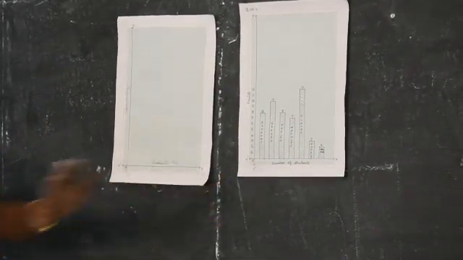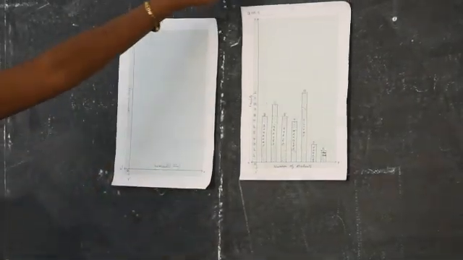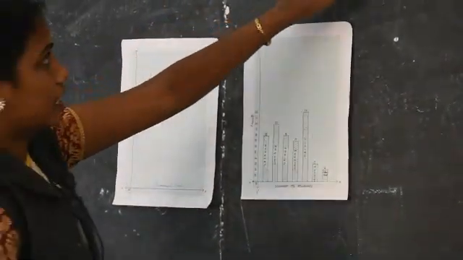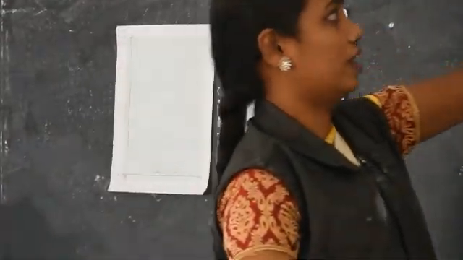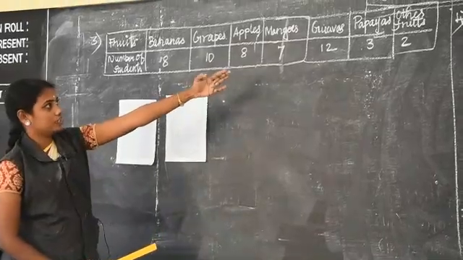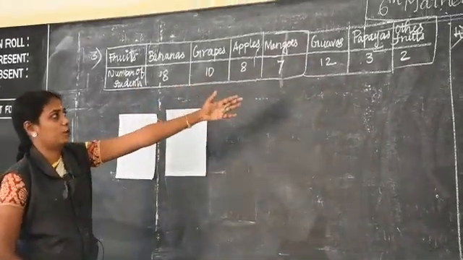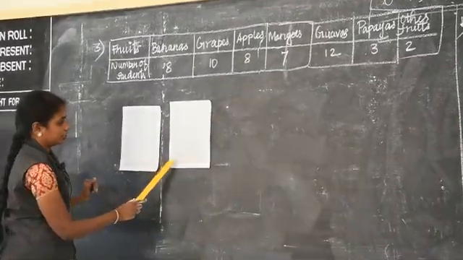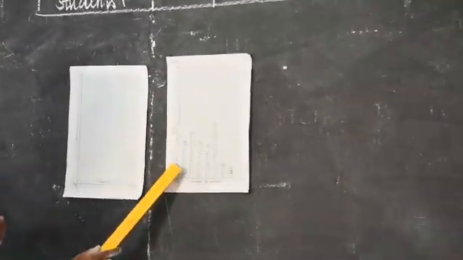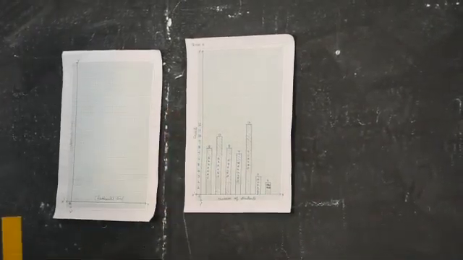After this, go for the questions. You have to understand the question properly. See the numbers 8, 10, 8, 7, 12, 3, 2. Here the least is 2, the highest is 12. So we can stop at 12. I have written the units as 1, 2, 3, 4, 5, 6, 7, 8, 9, 10, 11, 12.